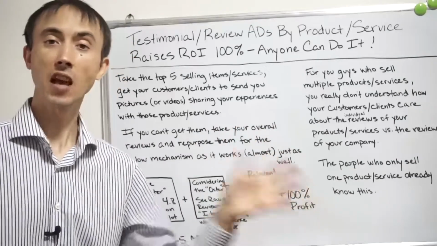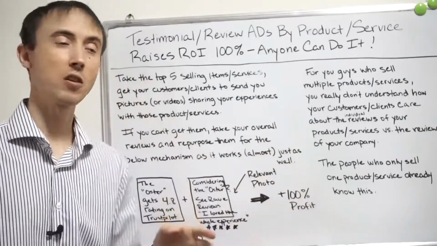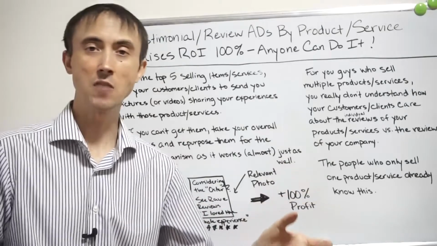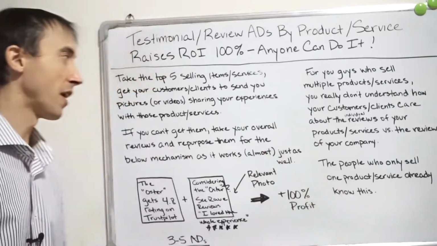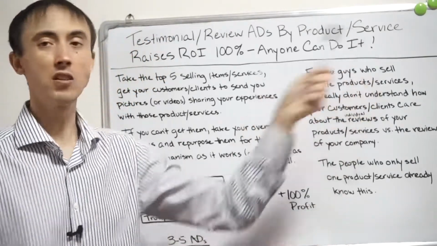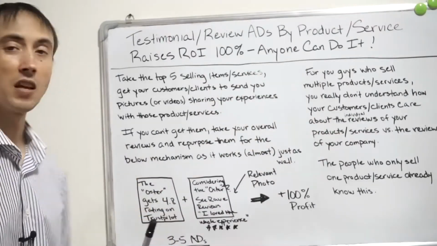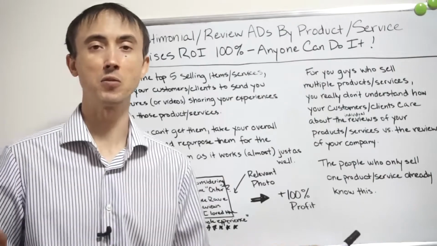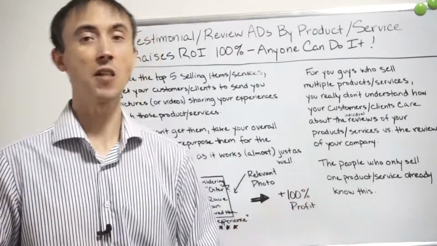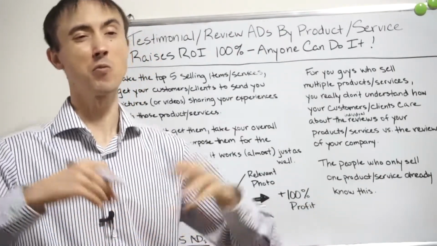It can work for everybody, as long as the overall reputation of your company is all right. So anyone can do it. What you do here, and a lot of people can't get reviews for each product or each service until they've been in business for a really long time.